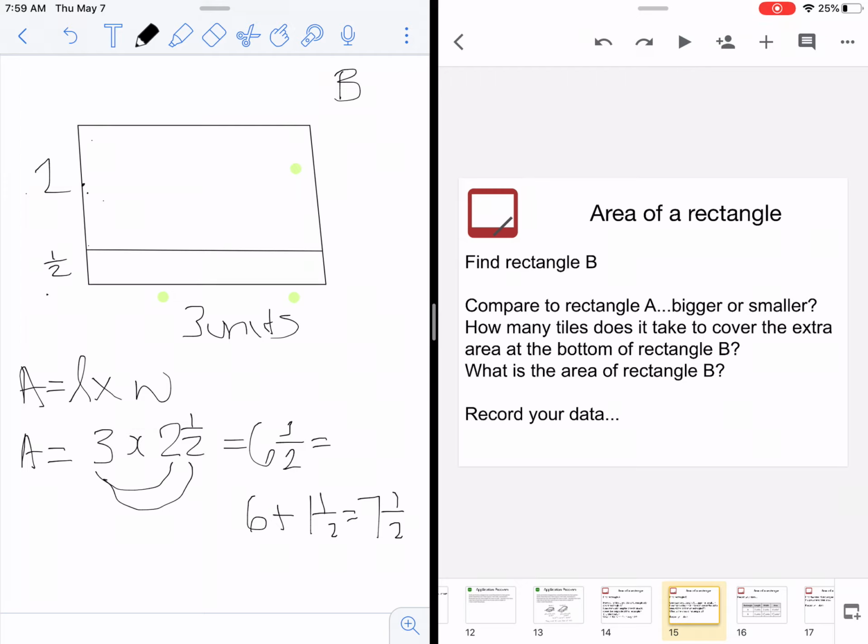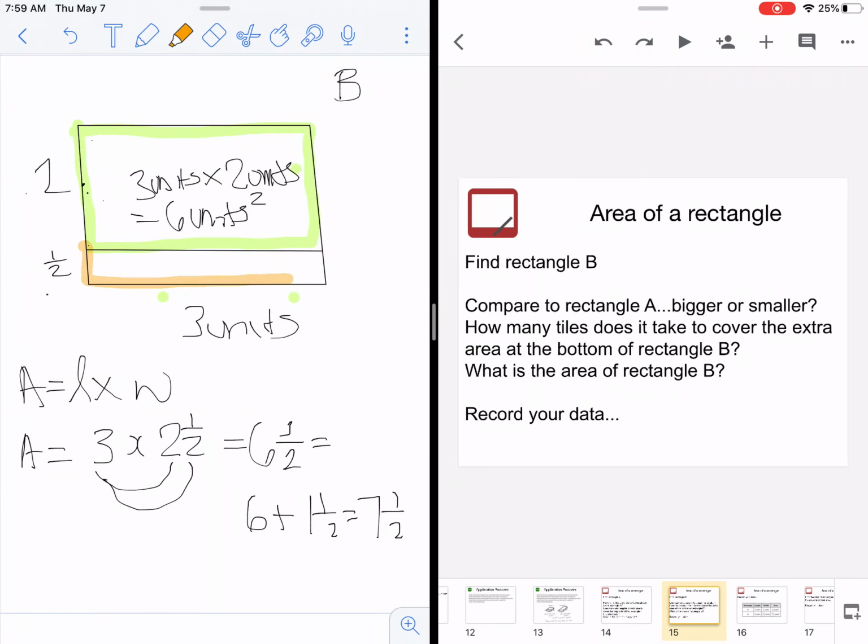So, to solve this a different way, we want to find the area of just this, which is 3 times 2, 3 units times 2 units, which gives us 6 units squared, right? And then this box, which I'm going to do a different color.